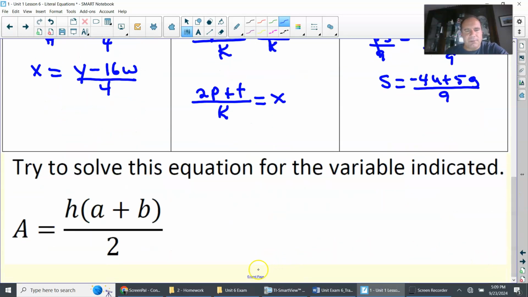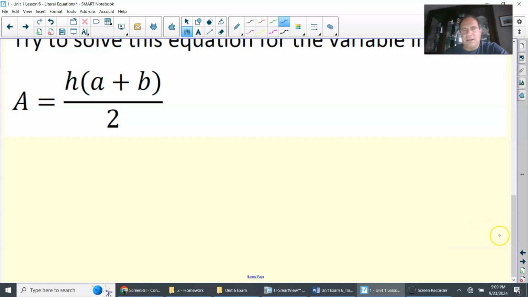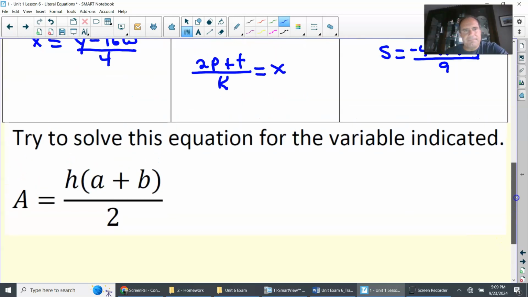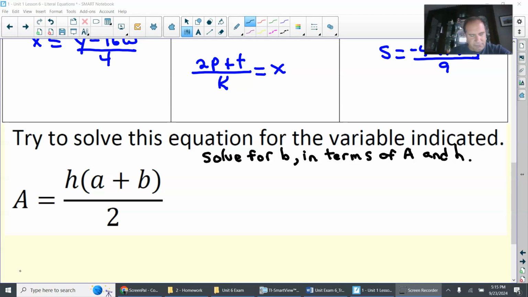Try to solve this equation for the variable indicated. So if you solve for B here, just remember, don't do distributive property.